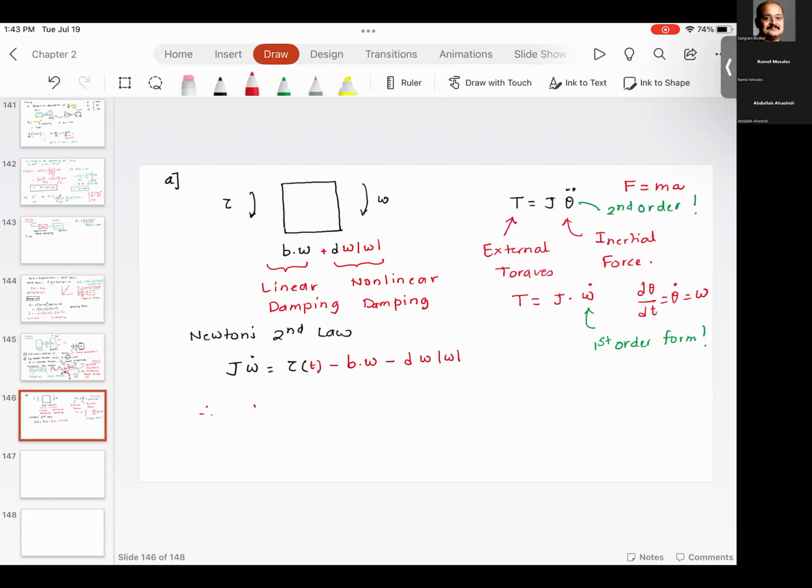So this equation now becomes J omega dot plus b omega plus d omega, like this.